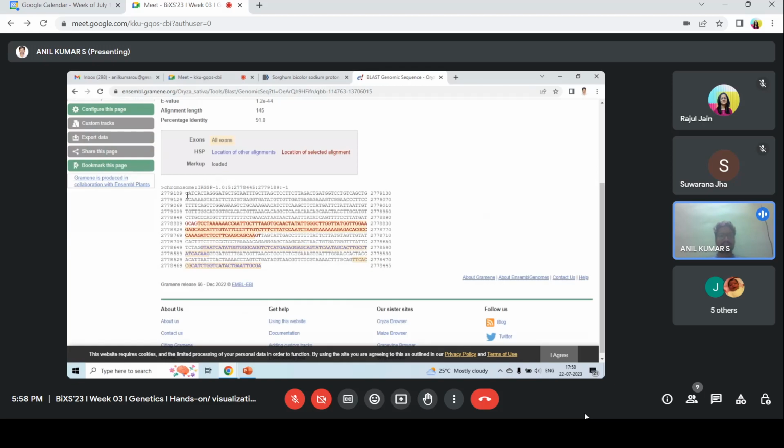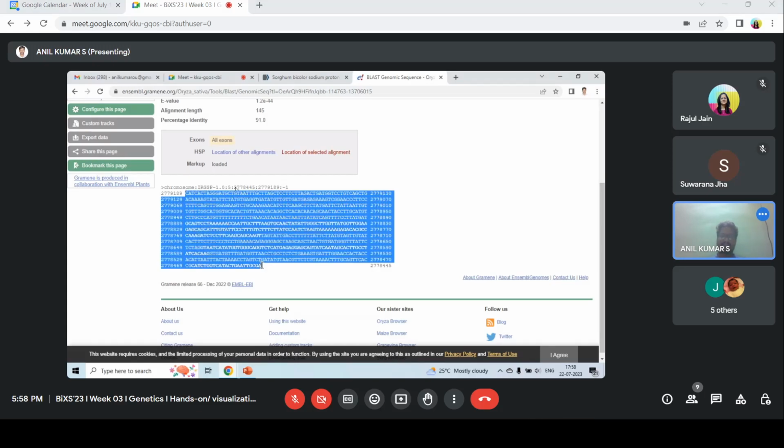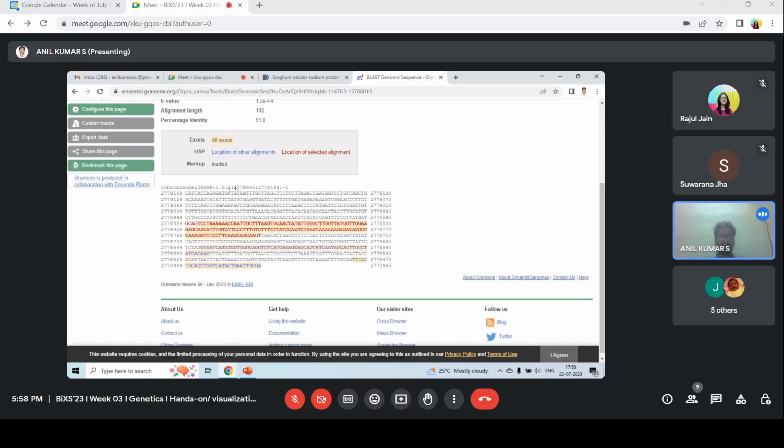Whatever sequence you have submitted, it has gone and found a similar sequence, and it is showing the result here. From this output, we can say that the submitted sequence is showing similarity on chromosome 5 at this particular position.